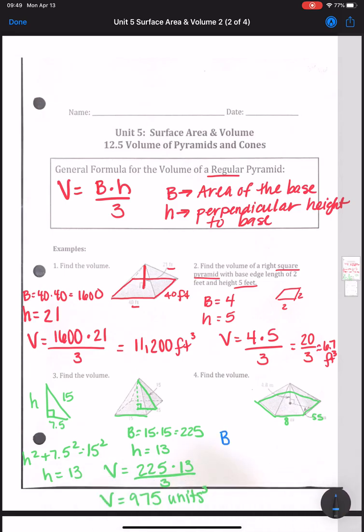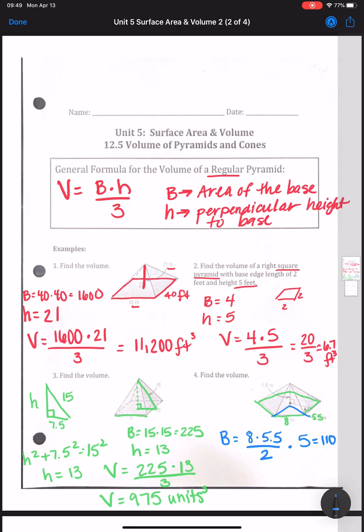So the area of our base is 8 times 5.5 divided by 2, because remember that's that triangle, like that. And we're going to have 5 of those triangles, so then we'll multiply that by 5. When we do that, our answer is 110.